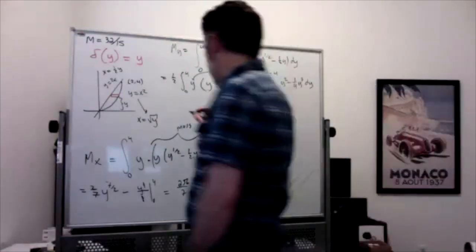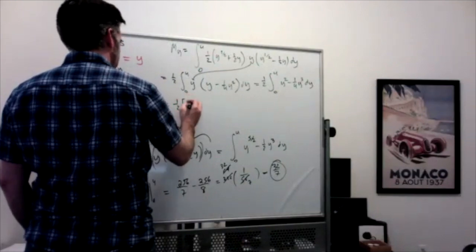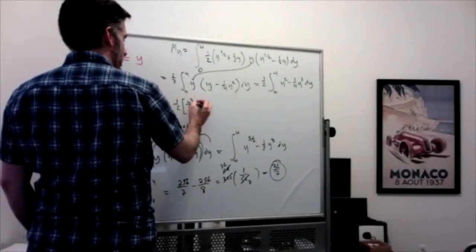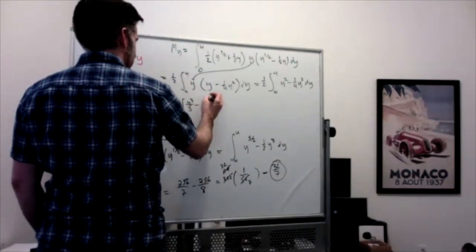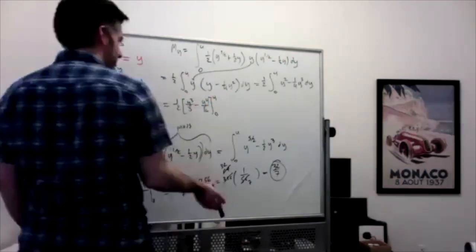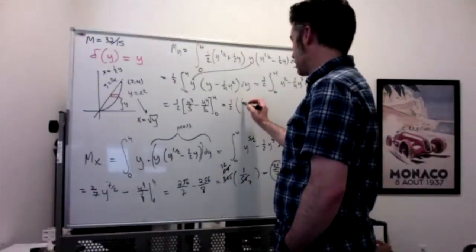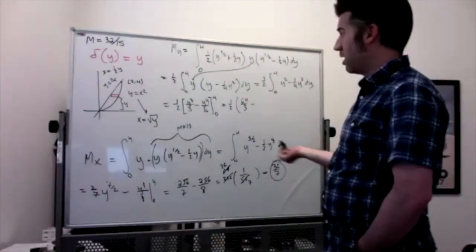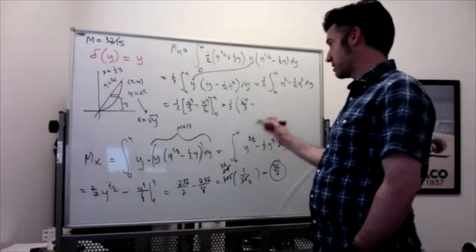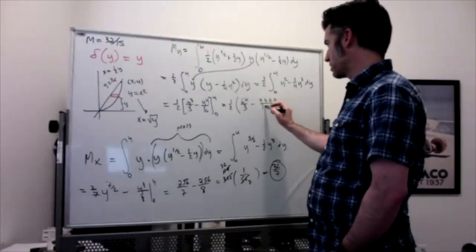Whew. So then we're going to get 1/2 y to the 3rd over 3 minus y to the 4th over 16 from 0 to 4. So we're going to get 1/2 of 64/3 minus 4 to the 4th over 16, which is 4 times 4 times 4 times 4 over 16.